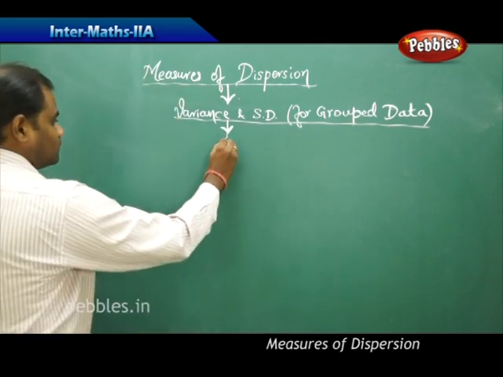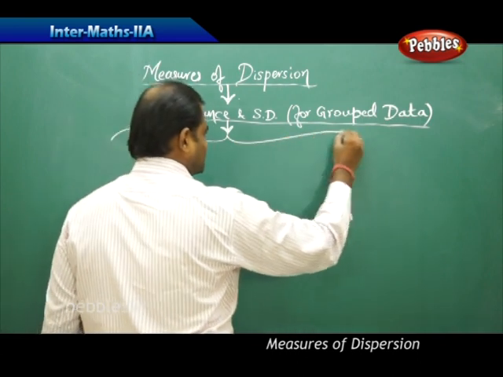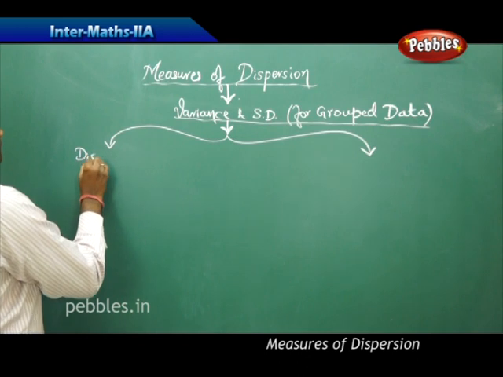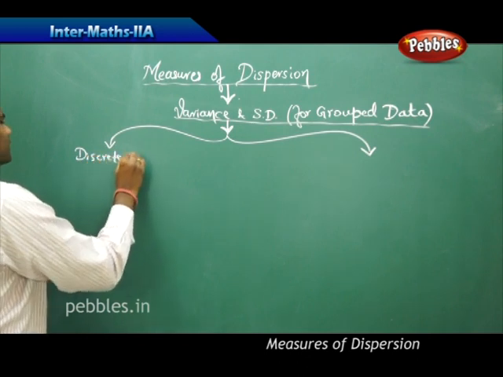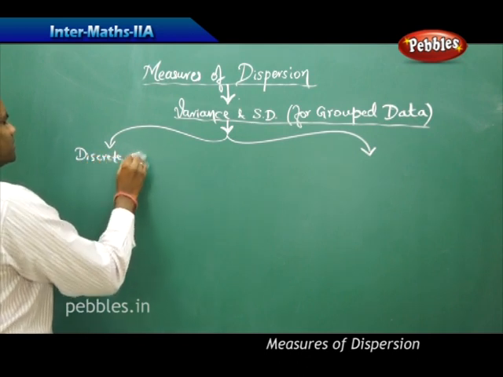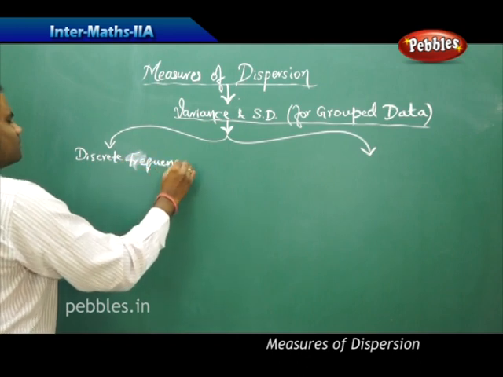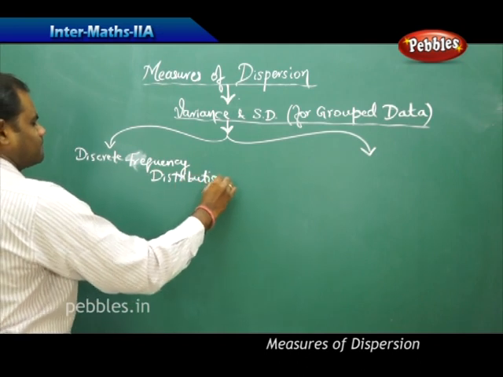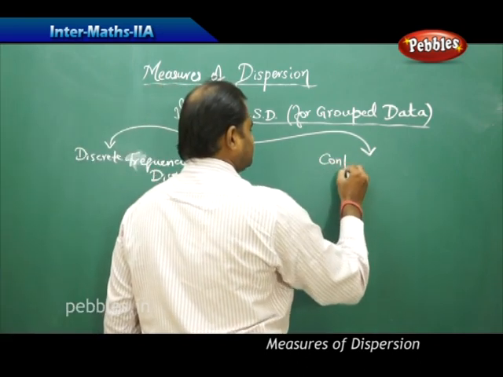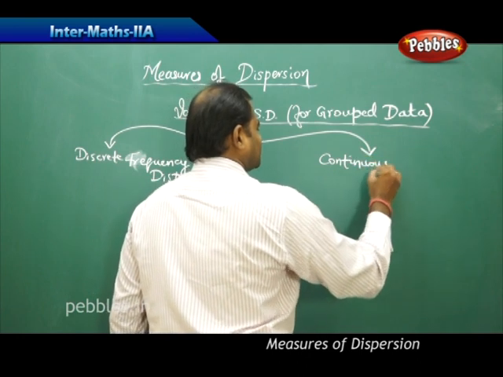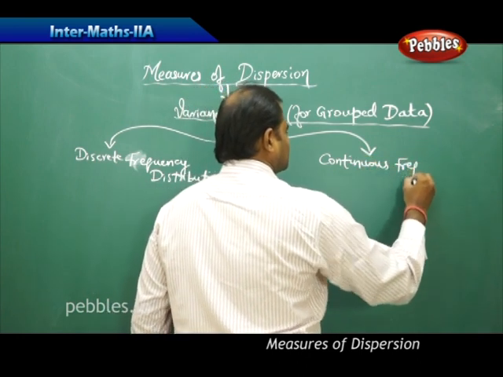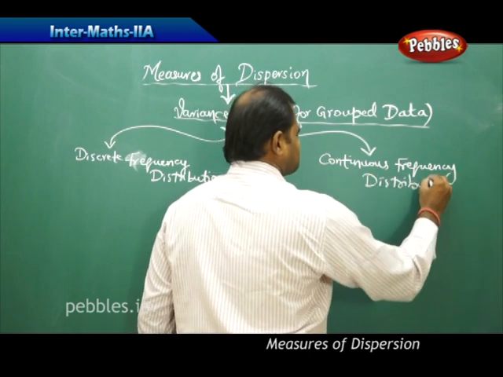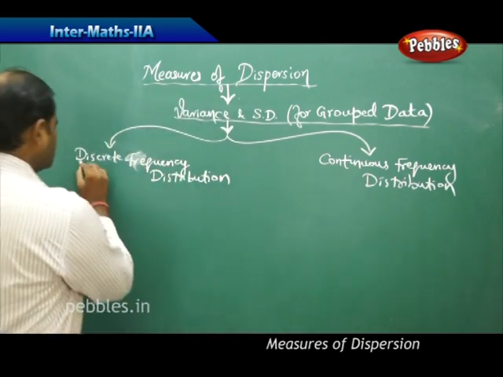Therefore, in order to find the variance or standard deviation of a discrete frequency distribution and a continuous frequency distribution, we have two different classifications.